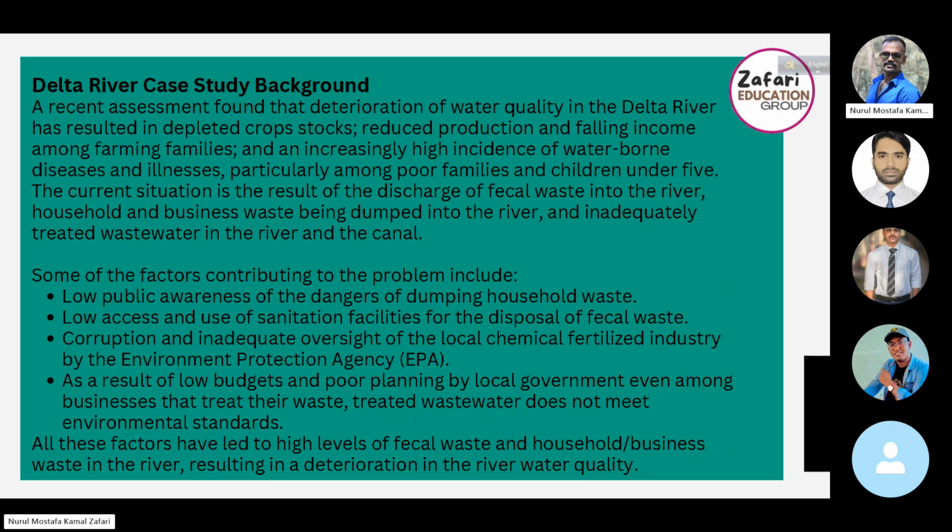In this case study, we shall see that there was an assessment, and that assessment found that the water quality of the Delta River has deteriorated, and it impacts the crop stocks, the fish production, and also the per capita income of the families on both sides of the Delta River.